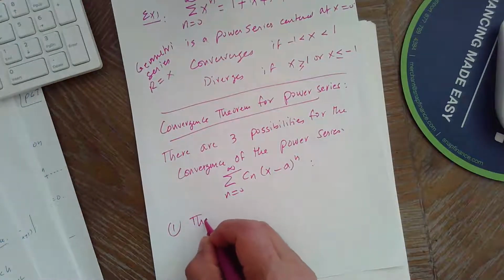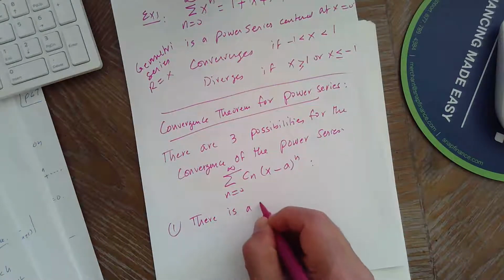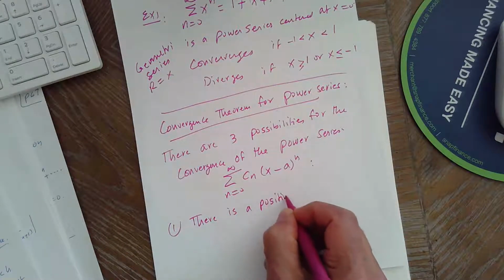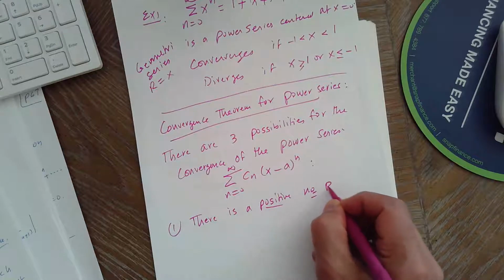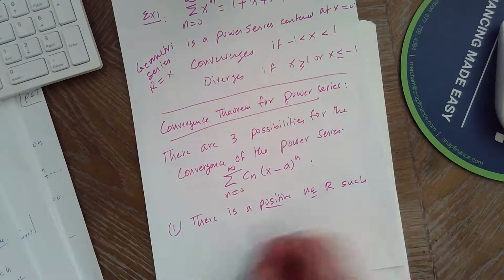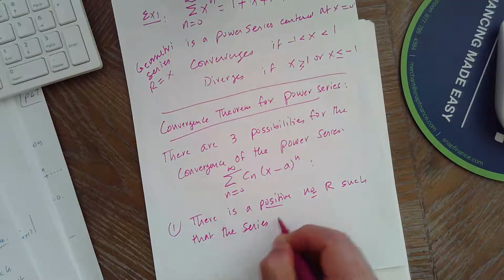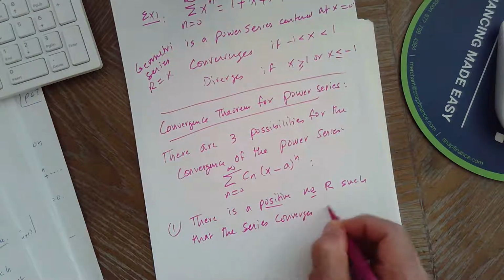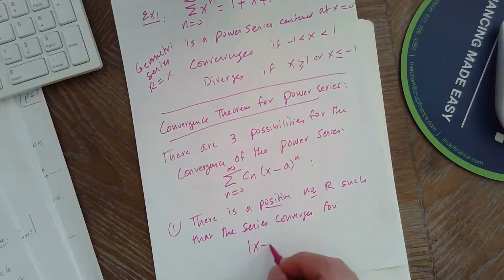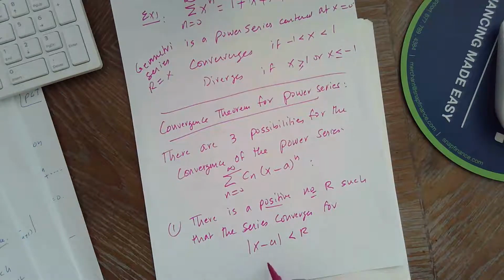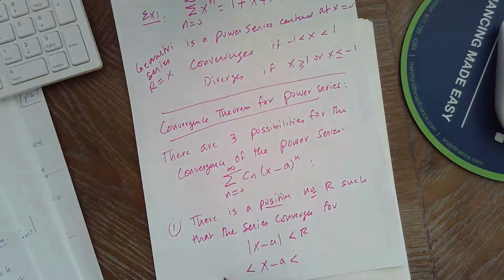if there is a positive number r such that the series converges for absolute value of x minus a less than r, or x minus a is between -r and r, or a minus r is less than x.